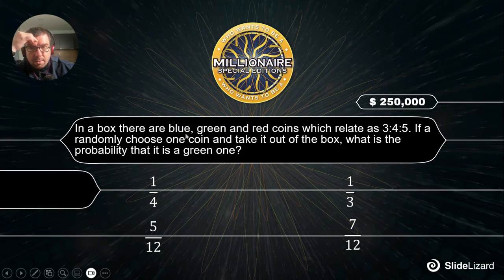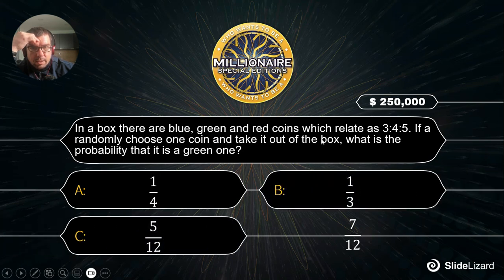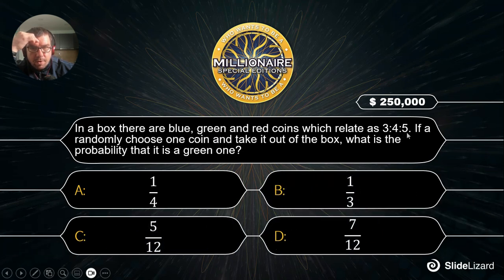In a box there are blue, green and red coins, which relate as 3 to 4 to 5. If I randomly choose one coin to take out of the box, what is the probability that it is a green one? Okay.